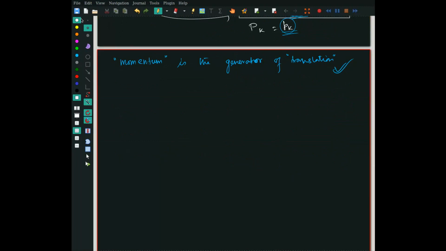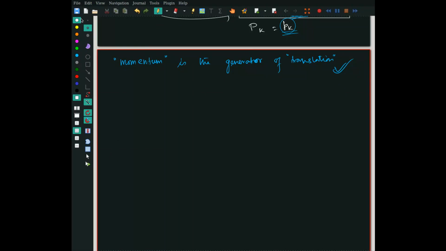Good. So now let me move on. There is another interesting interpretation, another interesting way of looking at canonical transformation.